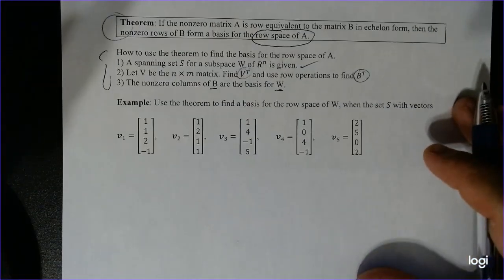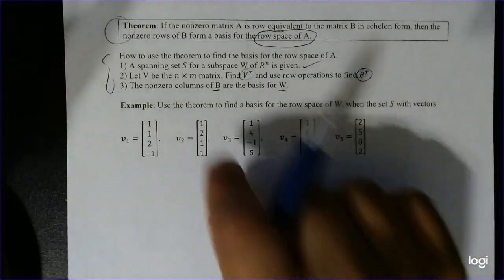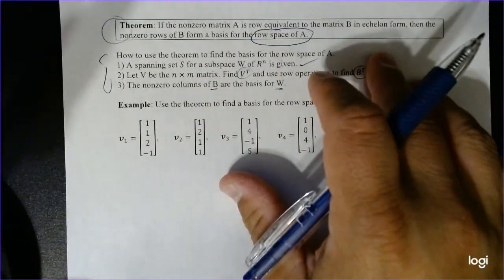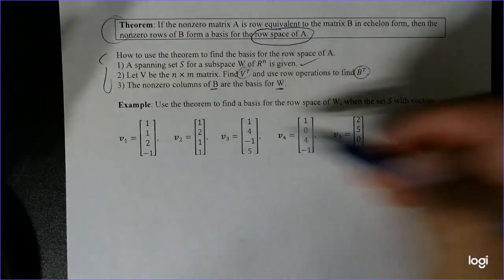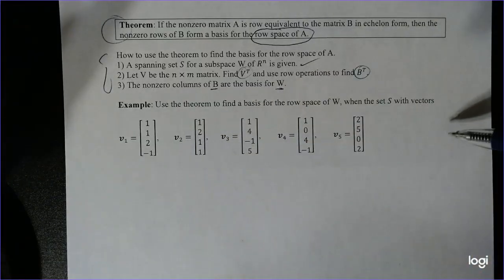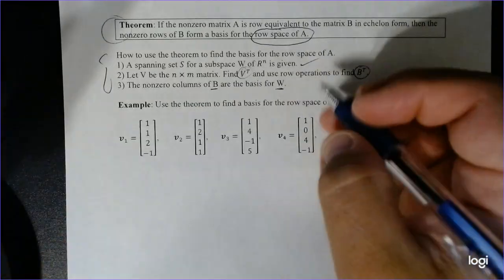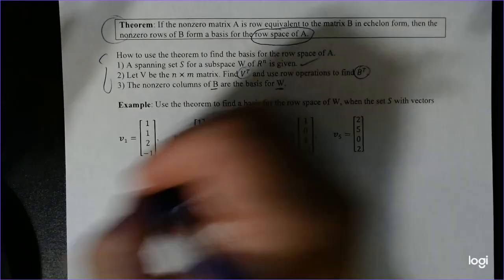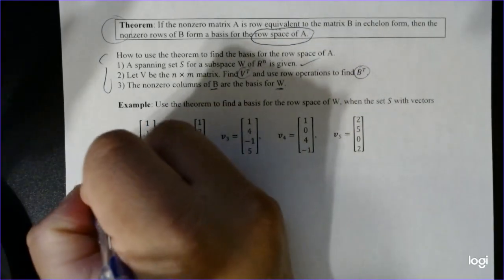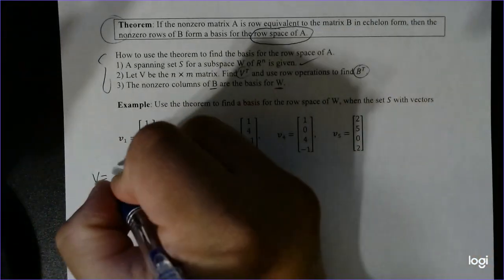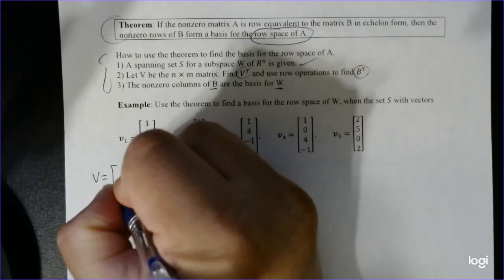All right, so why don't we just try an example so you can see what the process is of these three steps. Step 1 is given to us. We're given a spanning set S already. So now step 2, we're just going to row reduce it. Remember, V is the matrix of all these vectors put together.